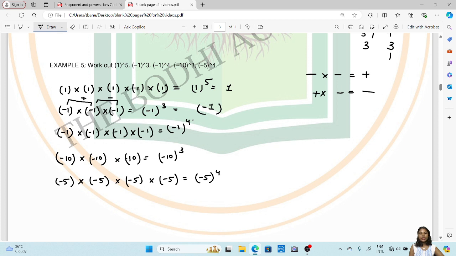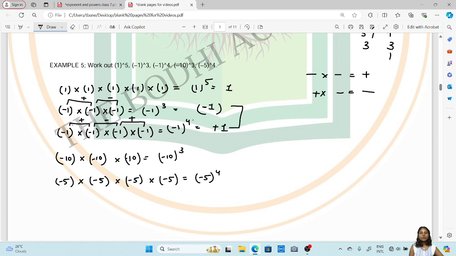minus 1. Then now look at this one over here. So we have 1 into minus 1 into minus 1 into minus 1. Minus into minus is plus. Then again plus into minus becomes minus. Again minus into minus becomes plus. So in this case we'll get plus 1.